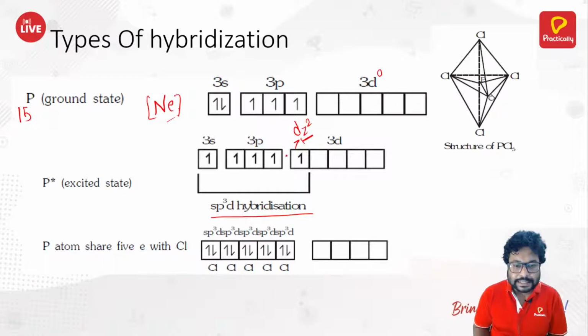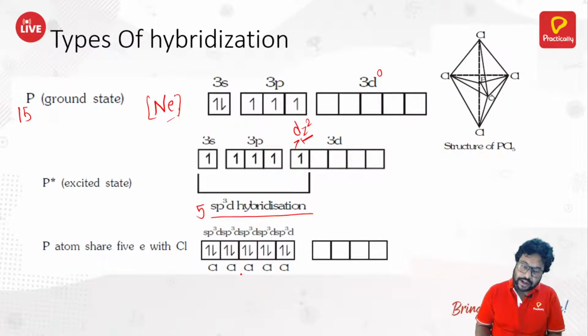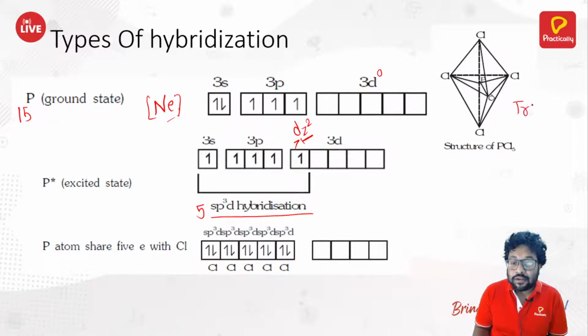Okay, it is dz square. Now it gets promoted, and it has 5 unpaired electrons. Now these 5 orbitals overlap together to give you 5 sp3d orbitals. You can see here sp3d, sp3d, sp3d, sp3d. Now chlorine comes with its p orbital and overlaps with phosphorus to give this shape. This is called the trigonal bipyramidal shape.